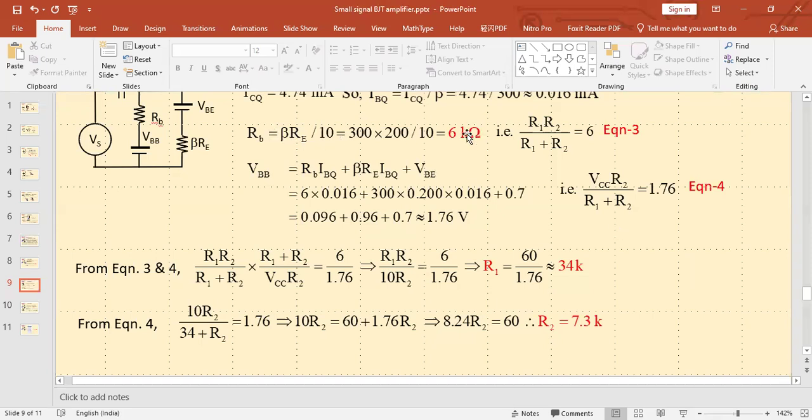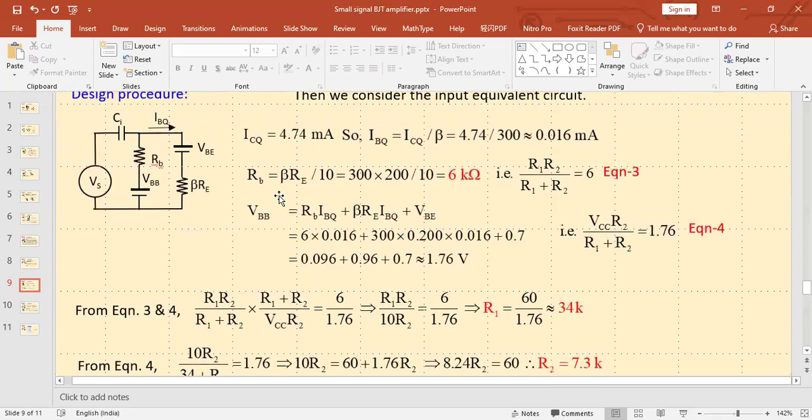Since RB is 6 kilo ohm, and RB is R1 and R2 in parallel, that is equal to 6. That is equation 3. Also, the value of VBB we have found earlier, and we repeat it once again.